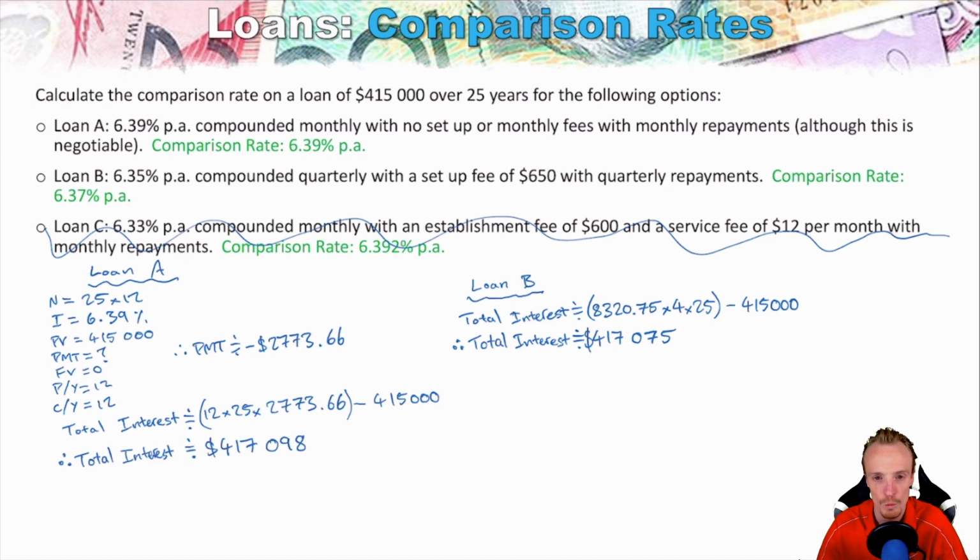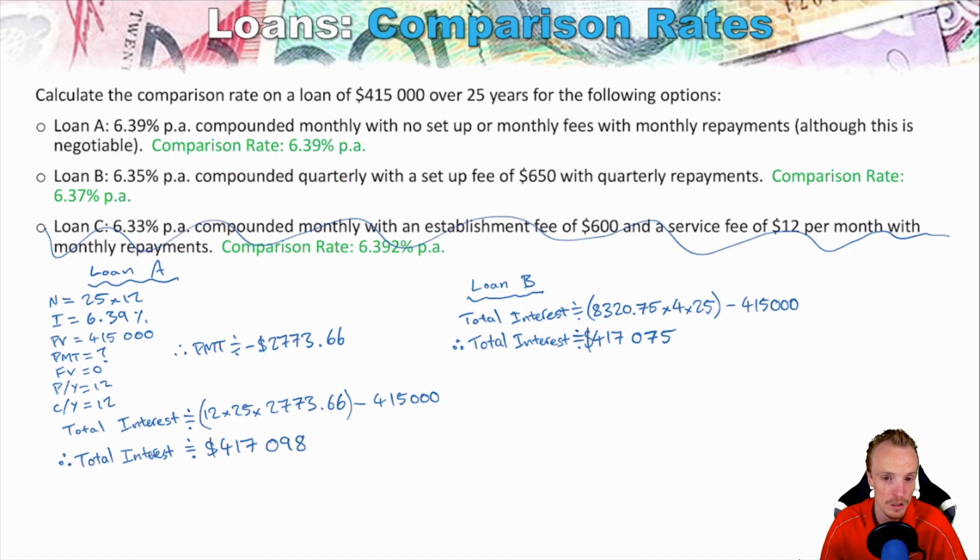So which one would you actually choose? You go back here and you look at it and go, well, loan A is completely flexible. It has no setup fees. It's got no monthly fees. Loan B doesn't have monthly fees either, but it's also flexible in what you can do. It's negotiable. So which one would you probably choose?